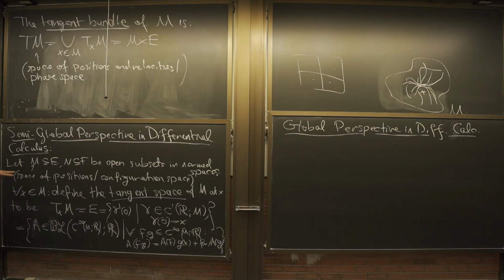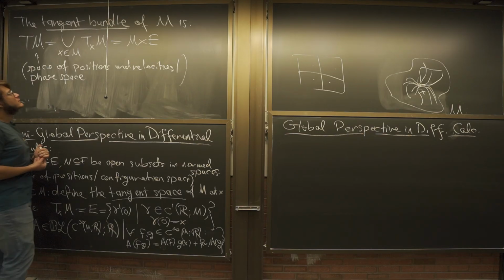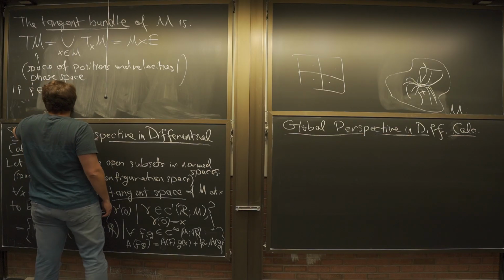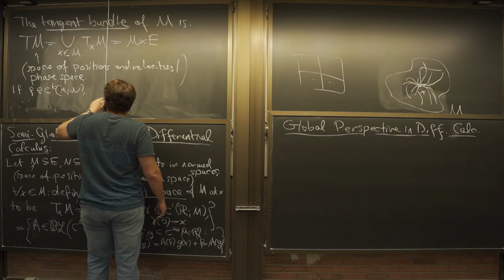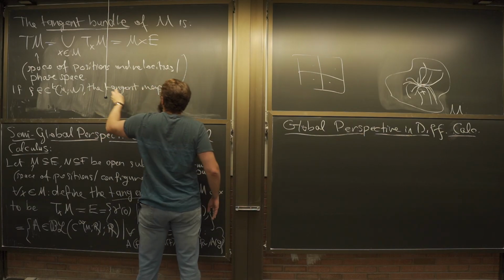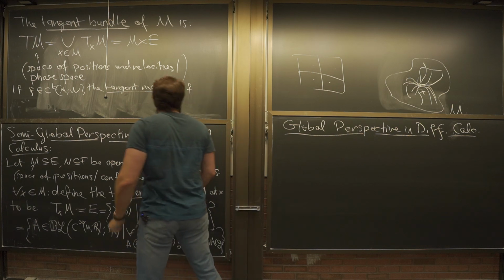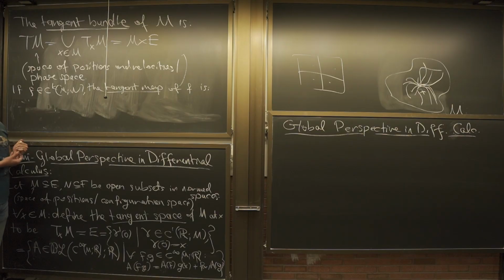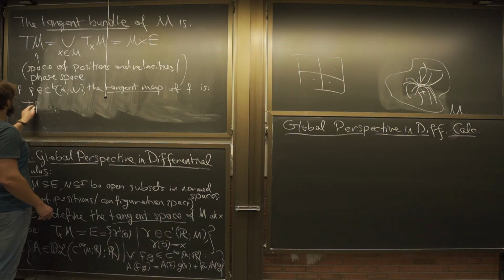Now, if I have a differentiable function from M to N, let's call it f, of class C^k, in this semi-global perspective I have an associated map between the tangent bundles. The tangent map of f is Tf.